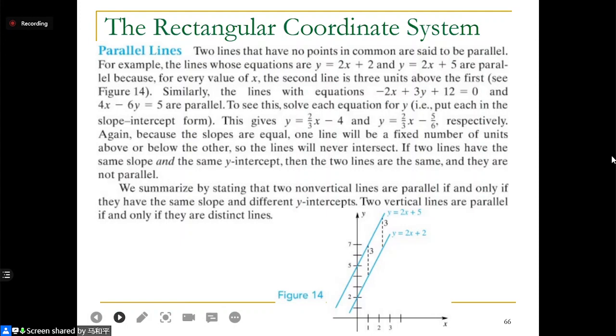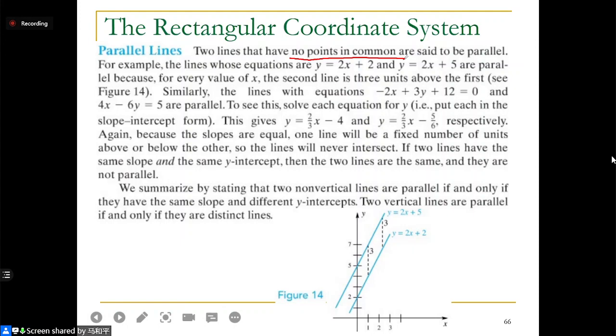And now we will learn about parallel lines. Two lines that have no points in common are said to be parallel.